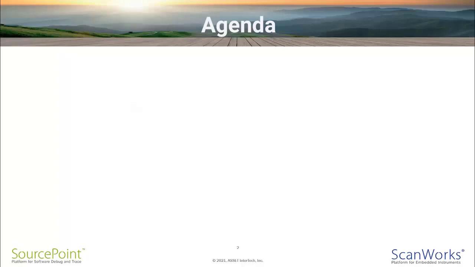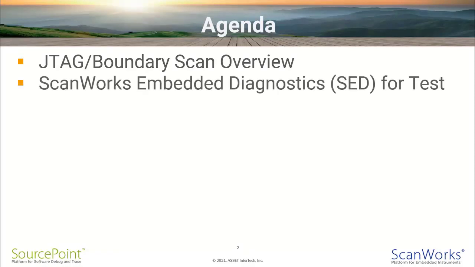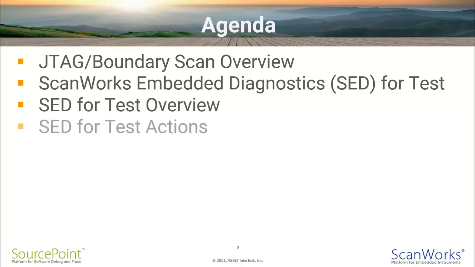This is the agenda that we'll follow. First, I'll provide an overview of the JTAG boundary scan technology. From there, I'll provide a definition of embedded JTAG boundary scan, or what Asset calls ScanWorks Embedded Diagnostics for Test. Next, I'll provide an overview of how the technology is used. Once I conclude with the overview, I'll discuss the actions supported by SED for Test.